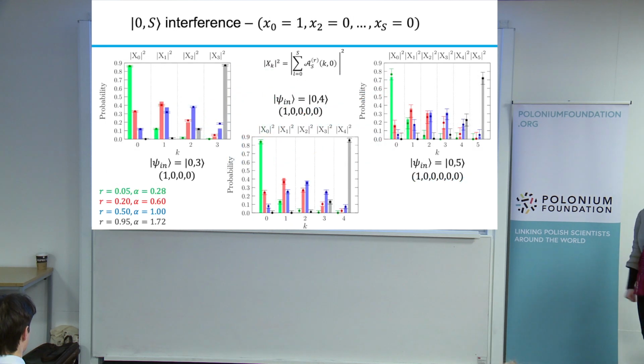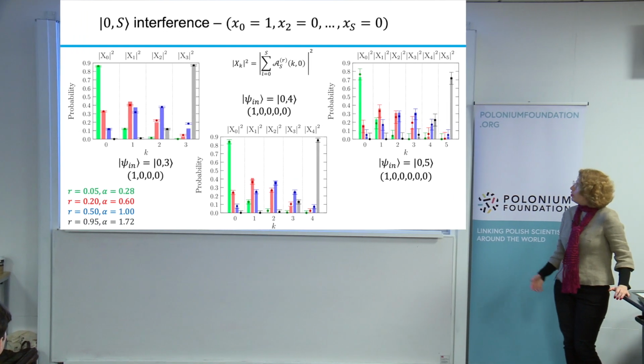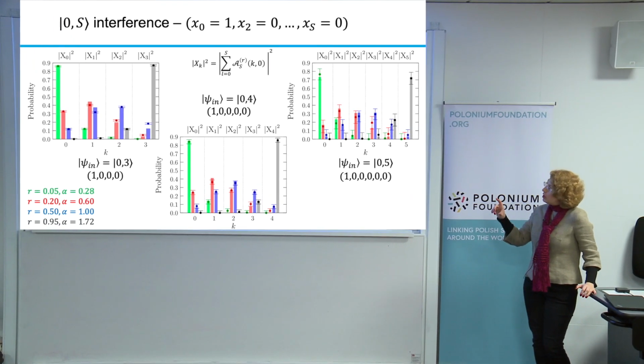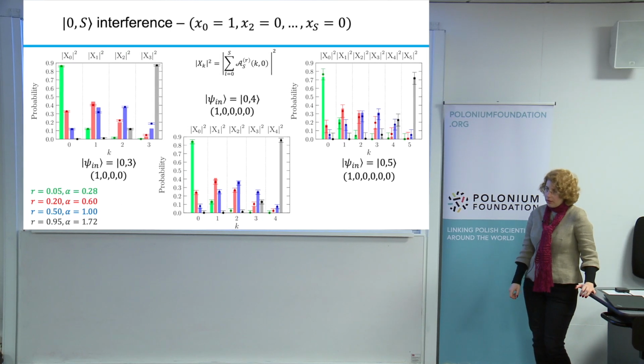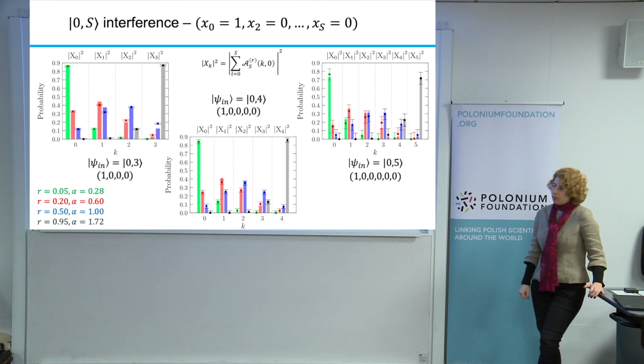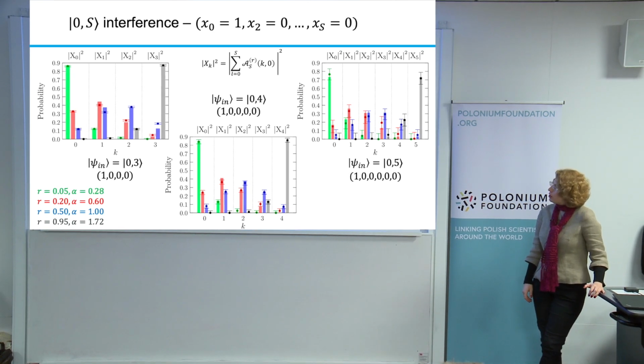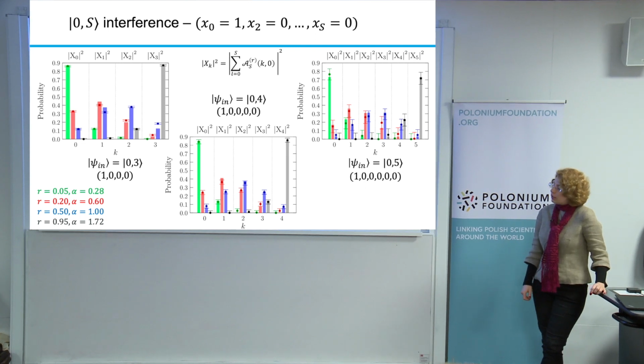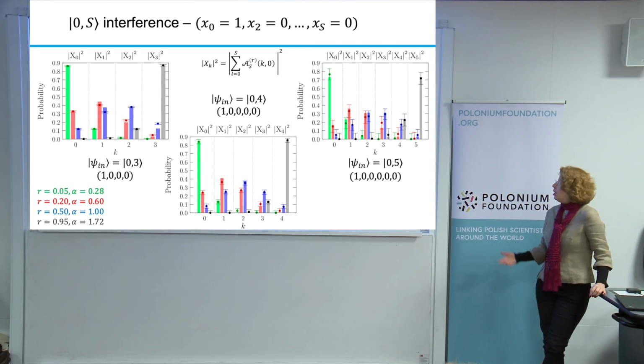And these are the experimental data that we obtained with errors shown. The bars are the theoretical values that we have computed. The dots with the bars show what the experiment has shown. Various colors correspond to various reflectivities and fractionalities.